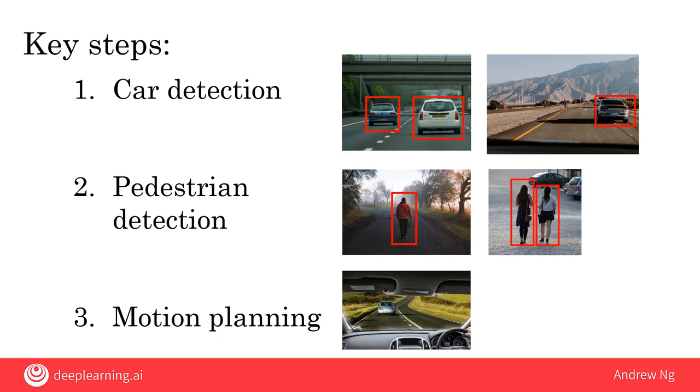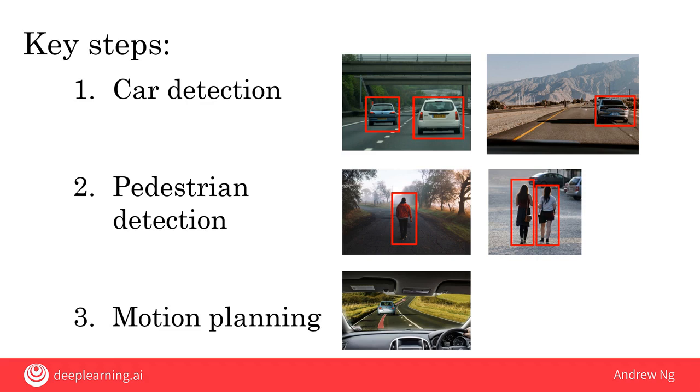Let's say you're driving your car and there's this light blue car in front of you. The motion planning software's job is to tell you what is the path, shown here in red, you should drive in order to follow the road and not have an accident. And so the motion planning software's job is to output the path as well as the speed at which you should drive your car in order to follow the road.